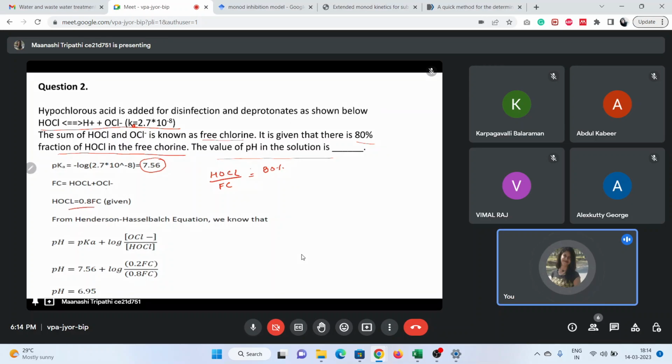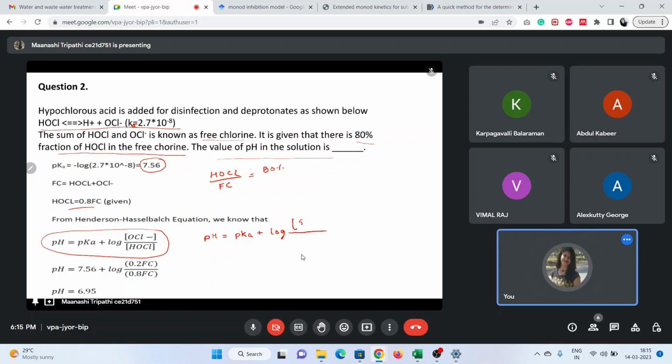I was talking about the well-derived equation. So this is the Henderson-Hasselbalch equation. This equation you need to learn. Very important. Okay, so pH is equal to pKa plus log of salt over acid. There are many forms of the equation.